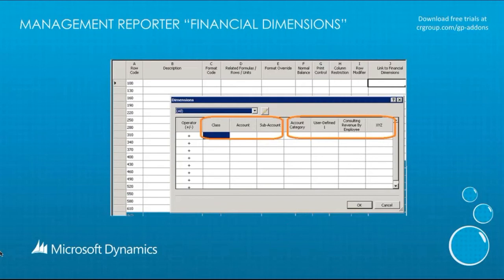The first orange bubble on the left is holding the GL segments, where on the right side we've got the account category, which came off the GL account card. We've got user-defined field 1, which again came from that account card. We've got consulting revenue by employee and XYZ, which are both analytical accounting dimensions.